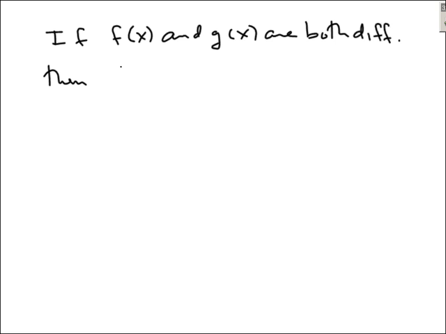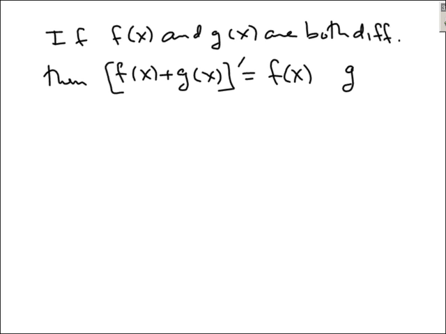then if you have a sum, like f of x plus g of x, and you want the derivative of it, then you can take the derivative of f of x and the derivative of g of x and add them. If you were subtracting them, f of x minus g of x, then you can compute the derivative that way. Okay, that's another rule.